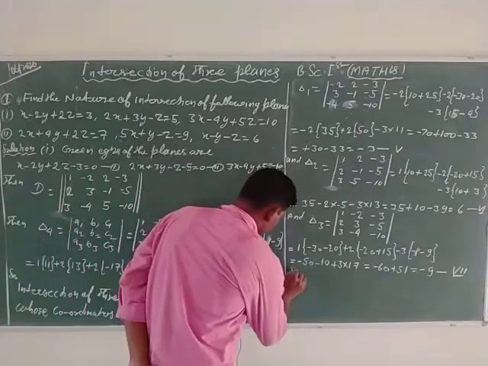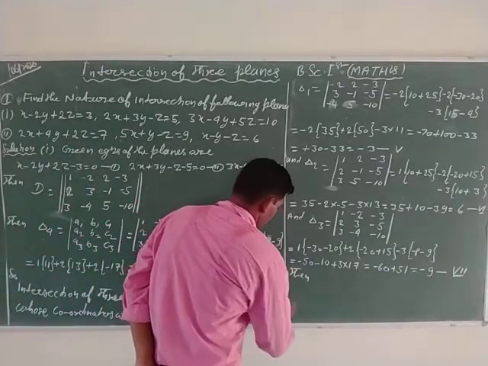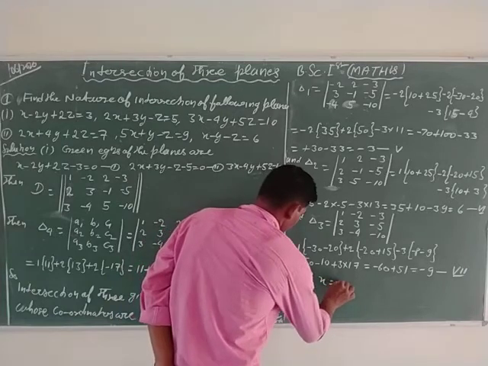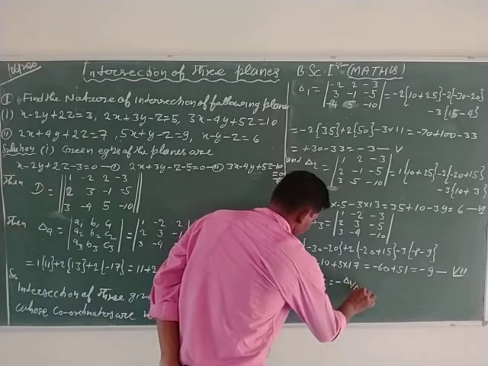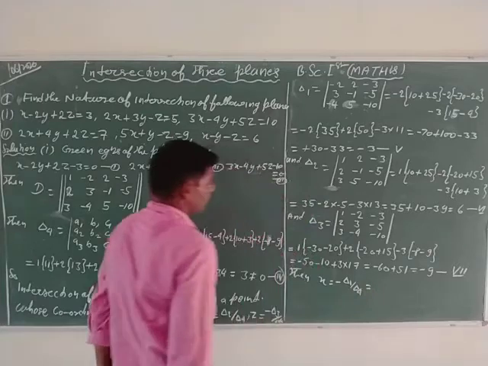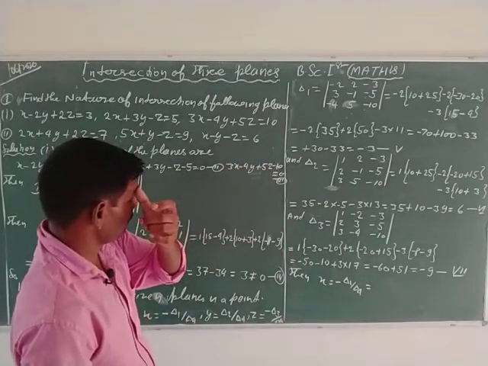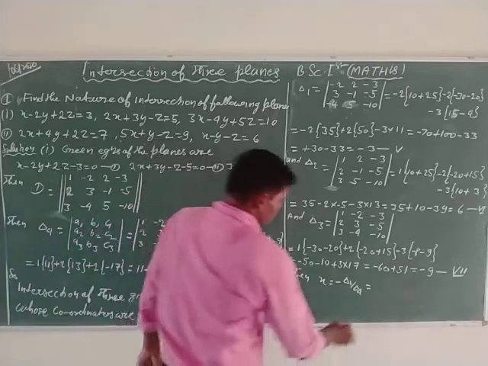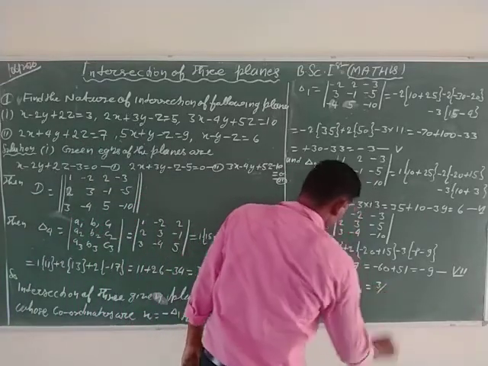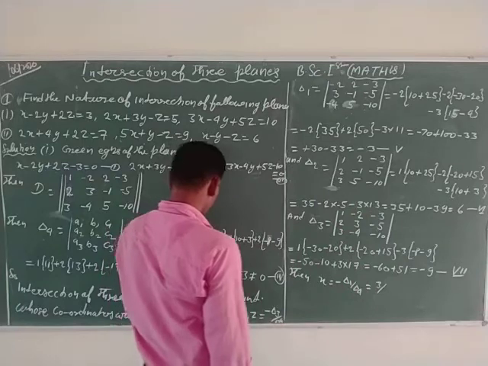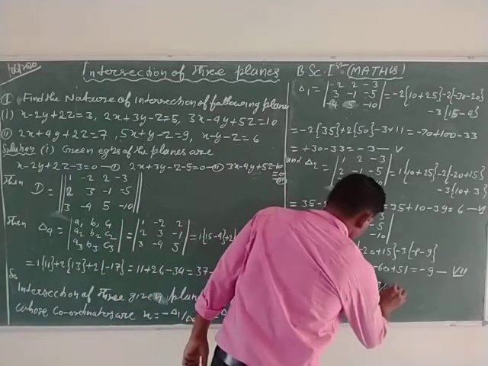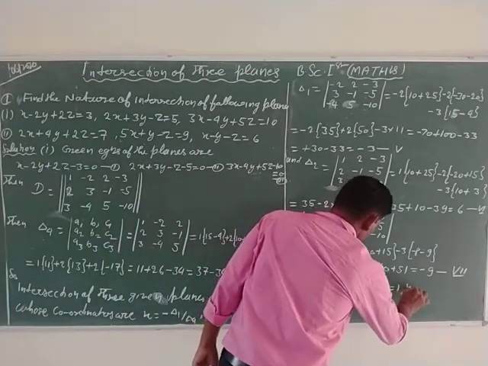Then the intersecting point coordinates are x is equal to minus delta 1 by delta 4. Delta 1 is equal to, from equation 5, minus 3. So here write plus 3 by delta 4, which is 3, cancel from each other, is equal to 1.